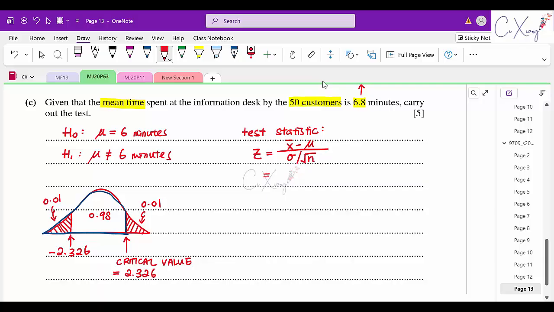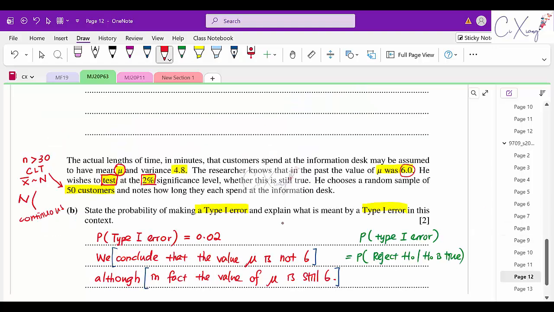The sample mean, like what I told you just now, has been given here, 6.8. The population mean is the value that you want to test, which is 6. Sigma is the population standard deviation. We are given the population variance, which is 4.8.